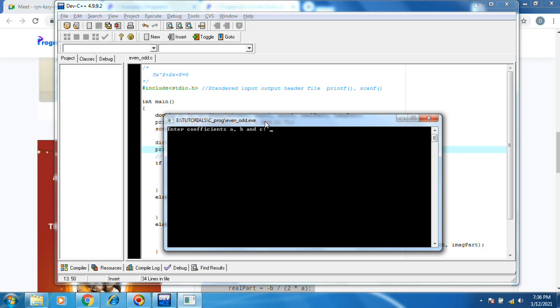Then 2 comma 8, 2. Discriminant equals to 48.